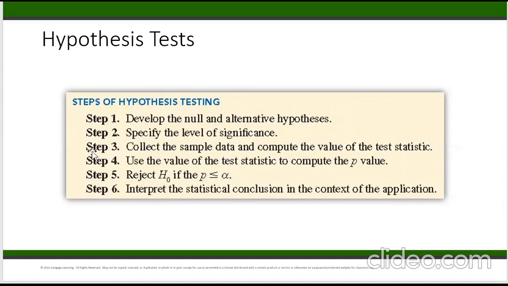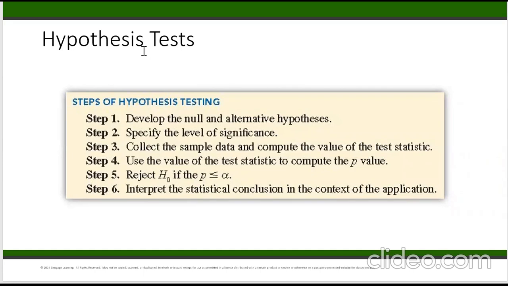Step 1 is to develop a null and alternative hypothesis. Again, in hypothesis testing, we're given a statement, and the statement can be an assumption, a common belief about the value of the population parameter, or it can be a claim.